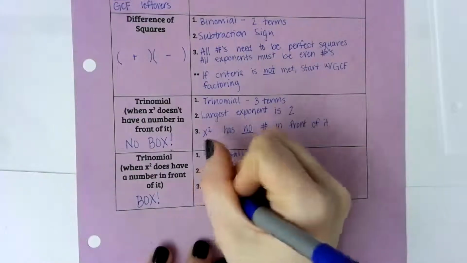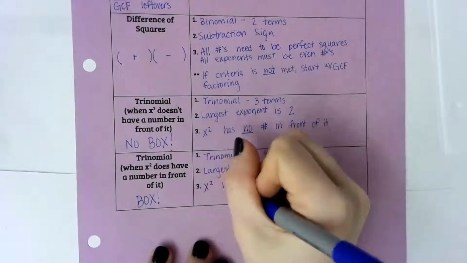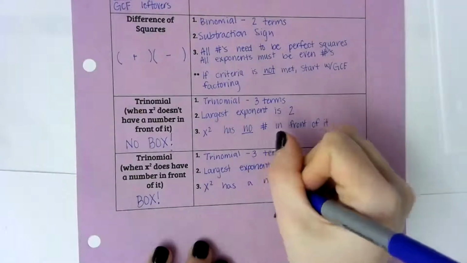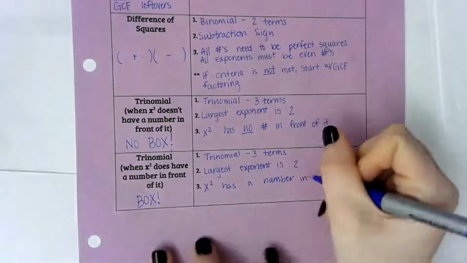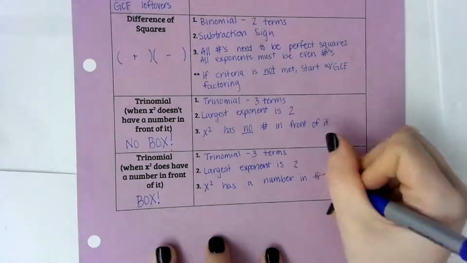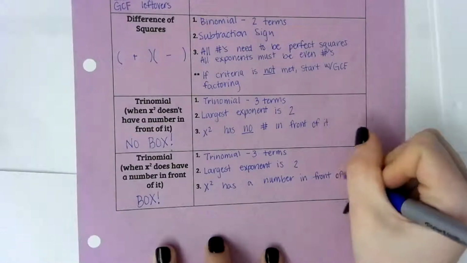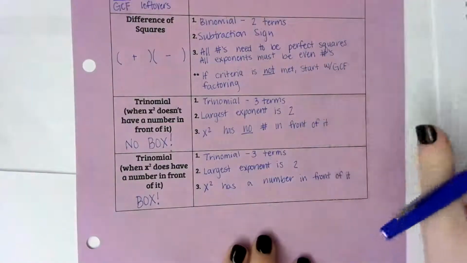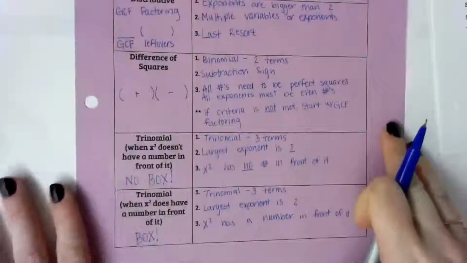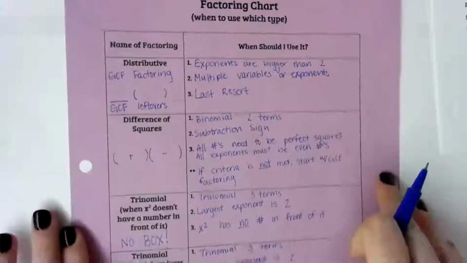But this time x squared has a number in front of it. So instead of always flipping through your notes, this is a nice little cheat on when you should use each one.